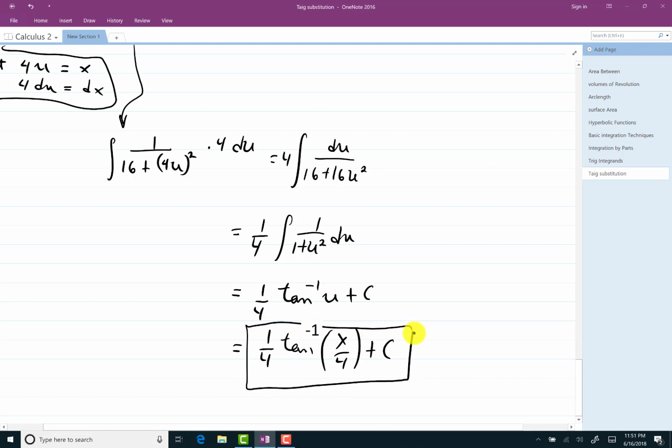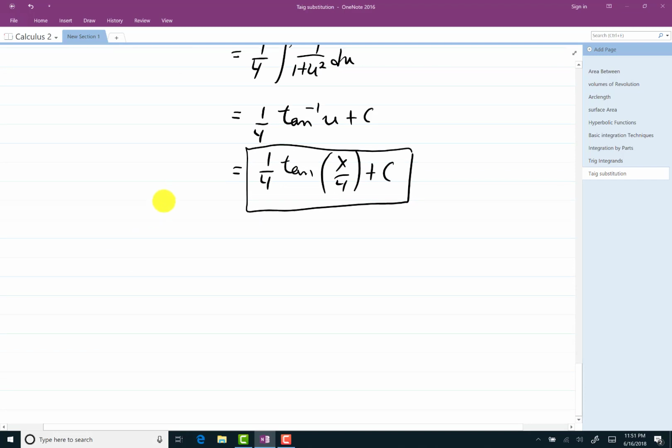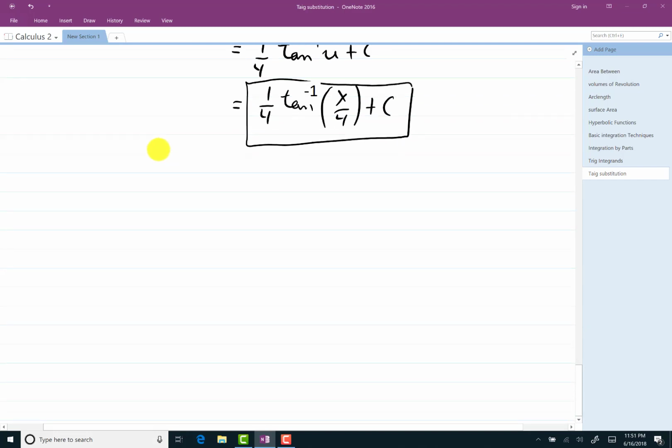So the real first example was not so bad. Here, I have no such inspiration as I did before. Now, if this were 1 over that, I would be thinking of arc sine, something like that.